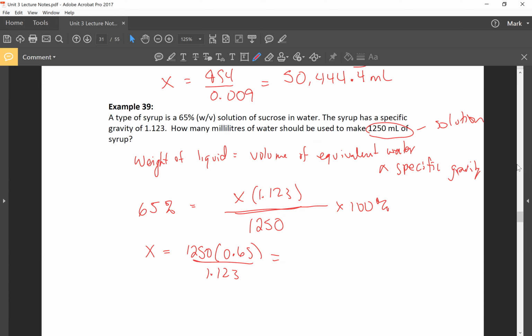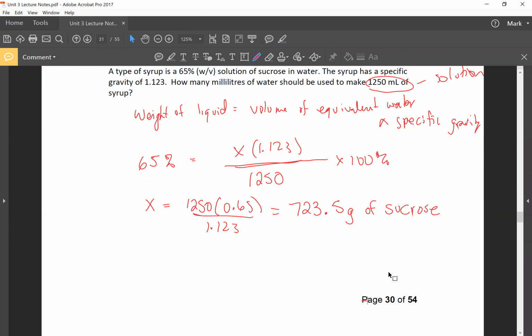There we go. So I get 723.5 grams of sucrose. Oops, got an email there, hold on. The email pop-up went right over where I was trying to write.